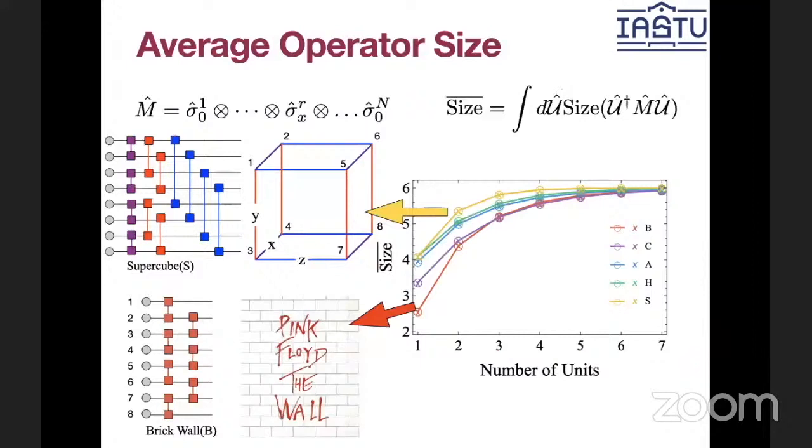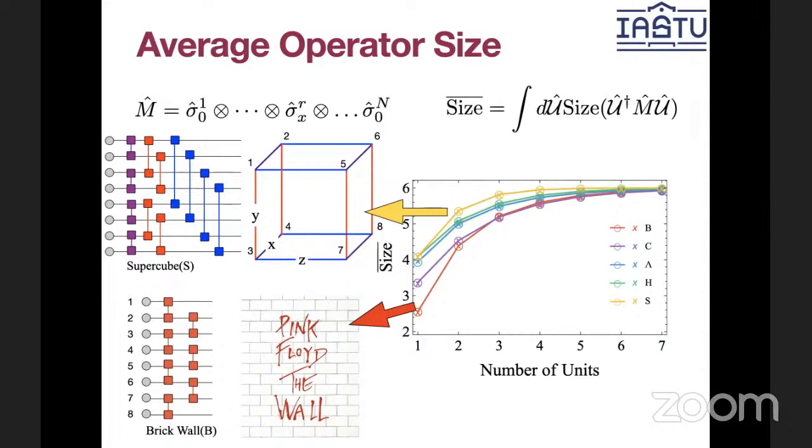Before, we proposed the quantity operator size to characterize the information scramblability of a specific operator. But here we care more about the structure, not the parameters. So here we take the Haar random average of each 2-qubit gate, and we define the size bar as the average operator size to characterize the information scramblability of a neural network structure.